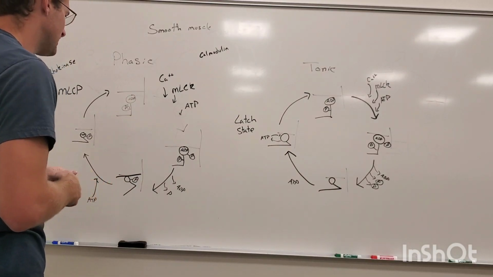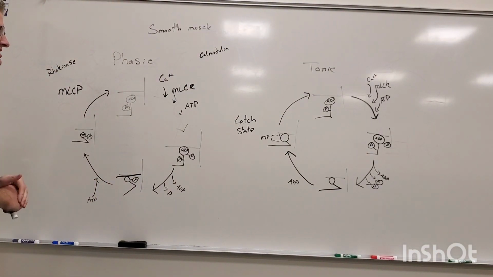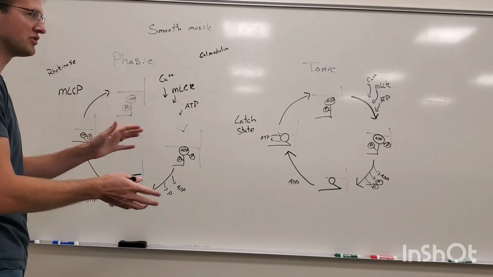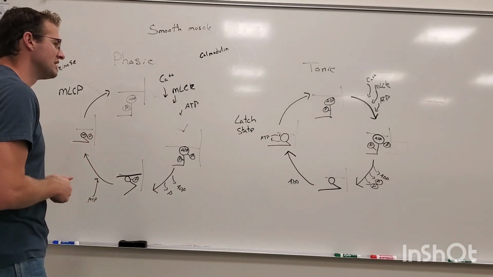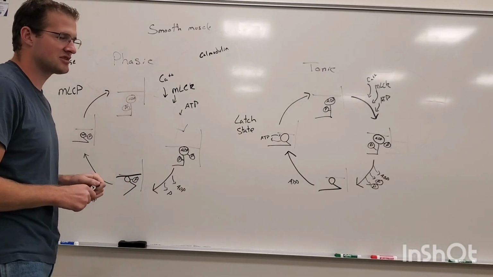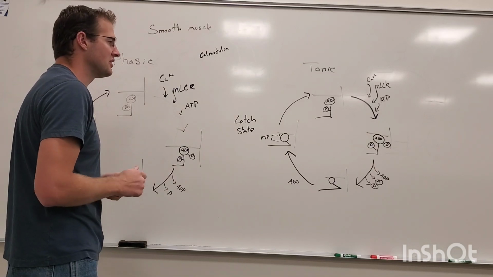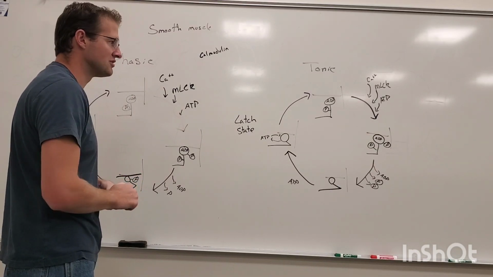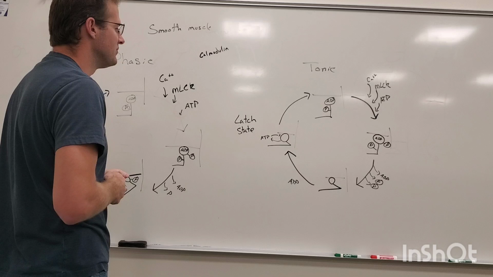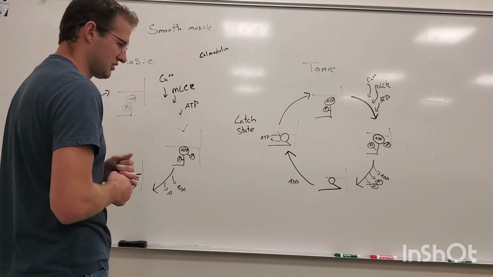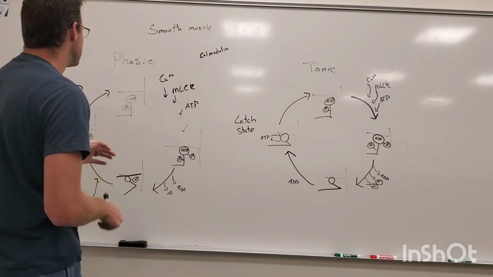Peristalsis, I'm sure you've heard of it. That's the movement of your intestines. They have that wave-like motion to propel waste through them. And then tonic, think of things like sphincters, urinary and anal sphincters. You want them to be contracted until you need them to be relaxed.